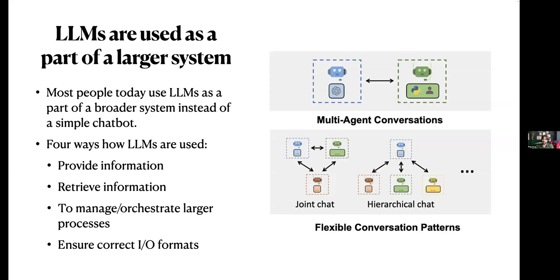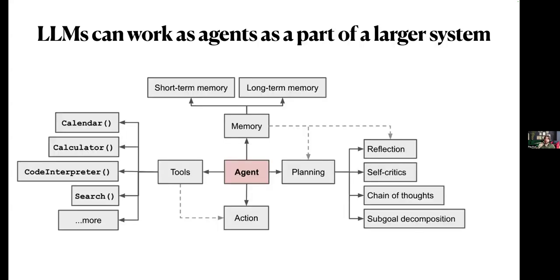If you haven't heard that before, I encourage you to go and have a listen. But what I want to do now is go through these LLMs within a larger system and talk about the key components.